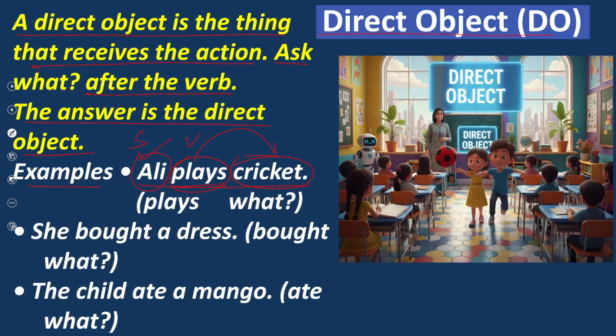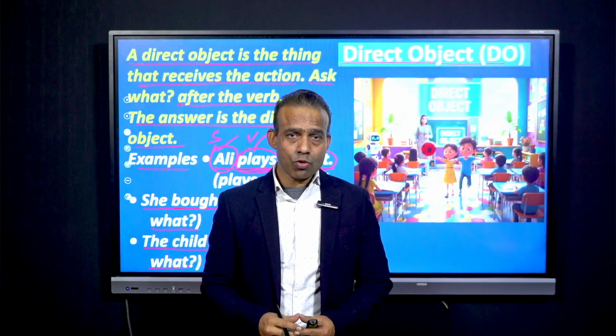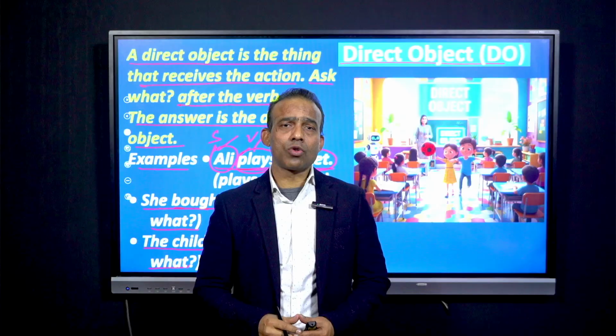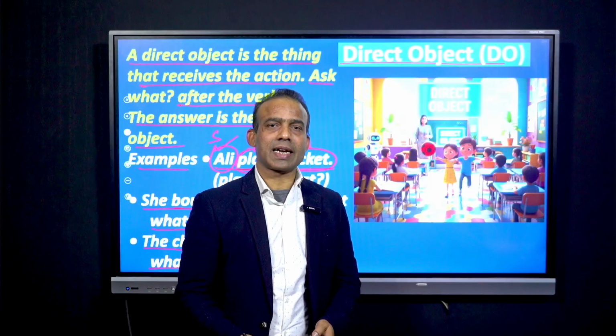So, cricket is what? Object. She bought a dress. Bought what? A dress. Yes. The word which answers the verb will be called the object. The child ate a mango. Ate what? Mango. So, dear learners, now I think you are pretty clear about object and direct object. Now, move to the next slide.